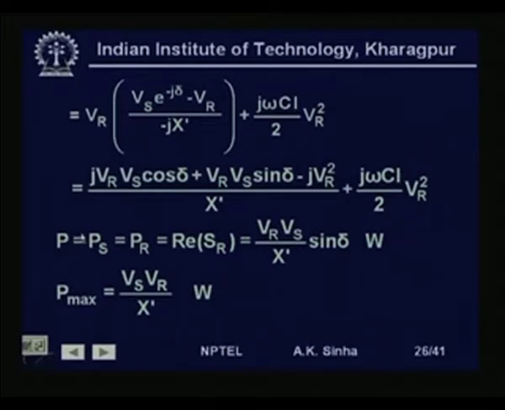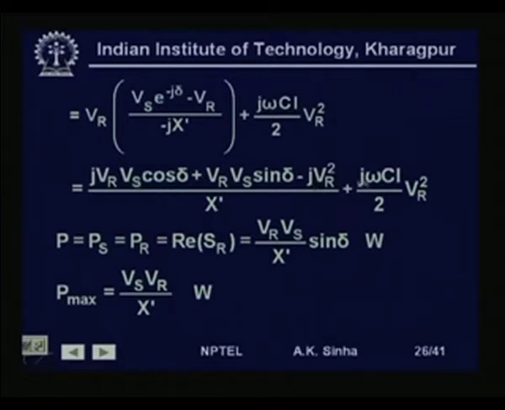Now, if we look at the real power only, that is, we take the real part of this, then P is equal to Ps is equal to Pr, which is the real part of the complex power Sr, then this will be equal to Vs Vr sin delta by X dash.